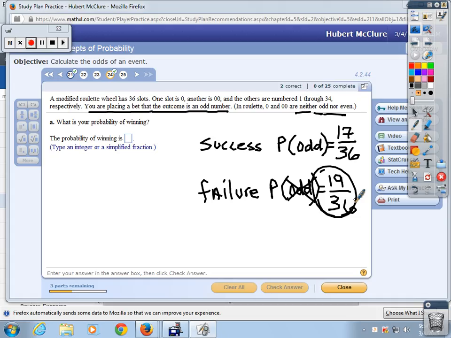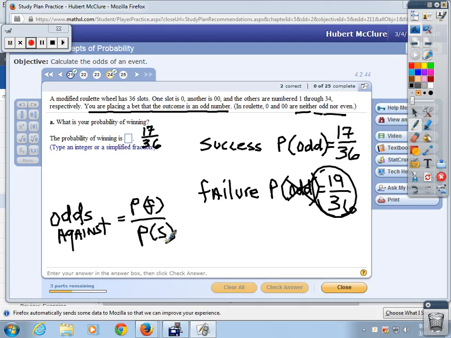Alright, so your answer to the probability of winning is 17 over 36. Then it's going to ask you the odds against. The odds against are equal to the probability of failure over the probability of success. Leave it in fraction form. In this problem, it's best to leave everything in fractional form because of this right here.